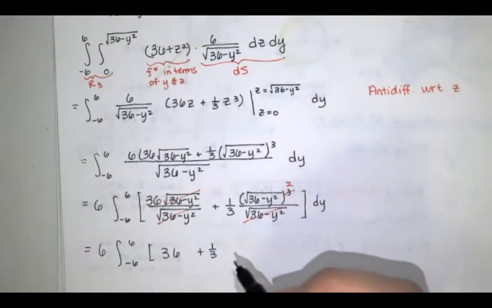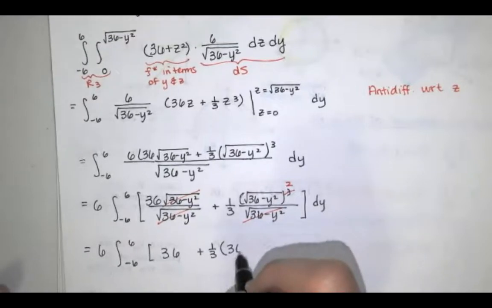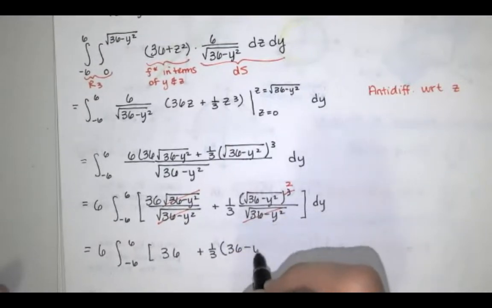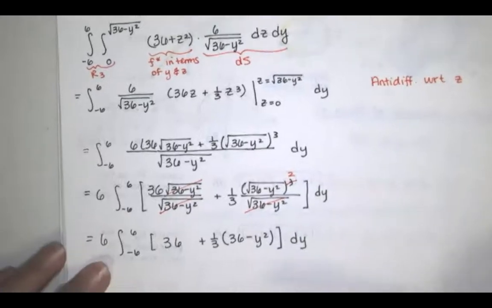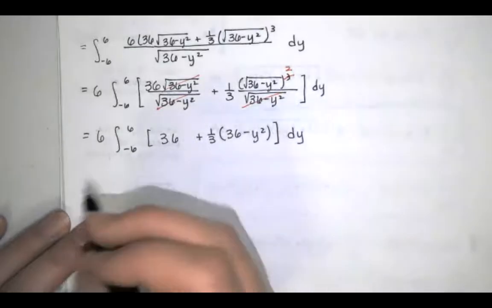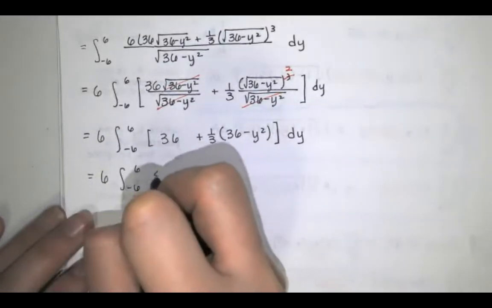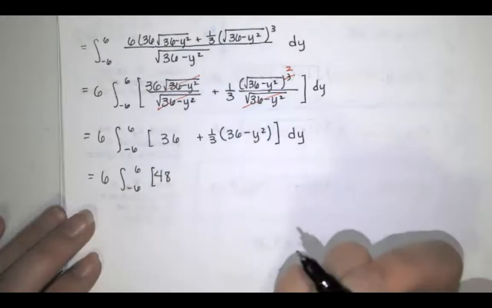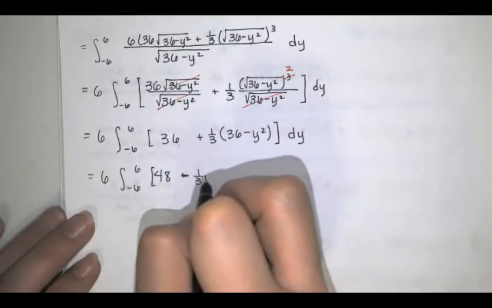So that's going to give us just the radicand, 36 minus y squared. If you want, you can distribute the 1/3. 1/3 times 36 is 12. 12 plus 36 is 48. So we'll have the integral of 48 minus 1/3 y squared.